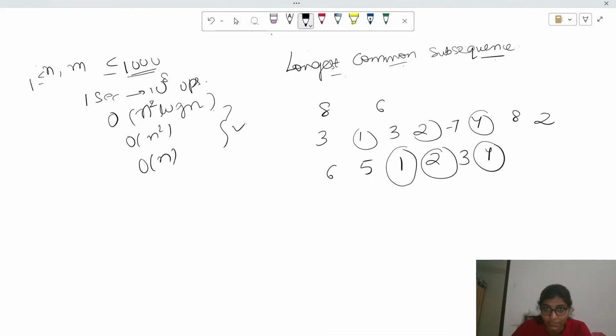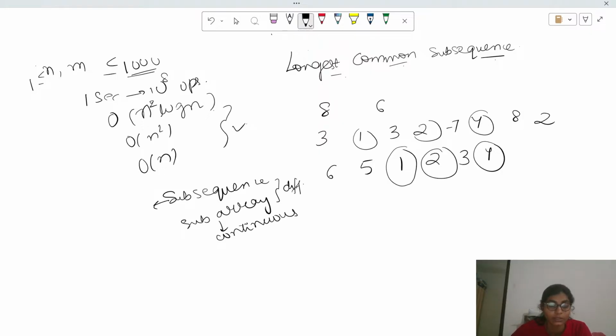First, one thing that we need to see is subsequence and subarray. These are both different. Subarray is continuous. Subsequence is non-continuous.